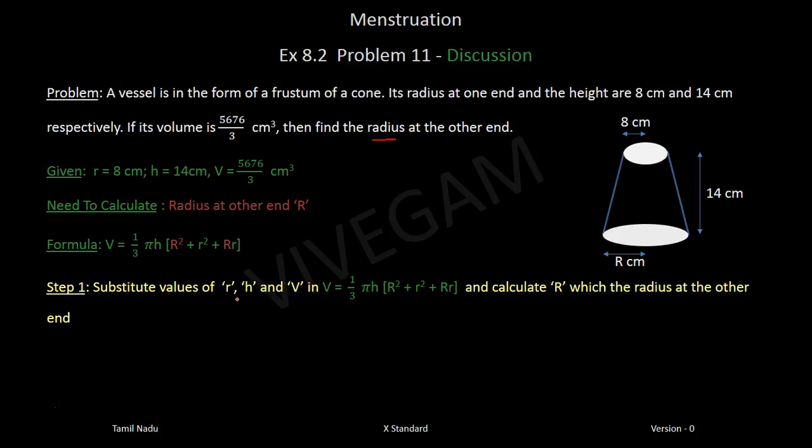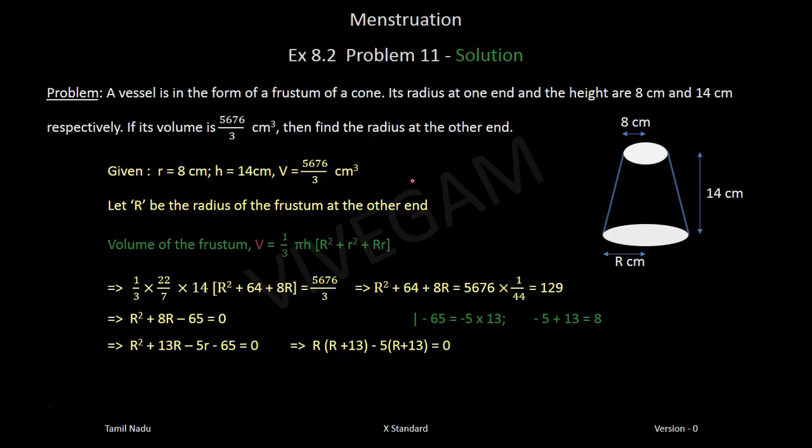Substitute the values of r equal to 8 centimeter, height equal to 14 centimeter, V equal to 5676 divided by 3 in this formula, V equal to 1/3 pi h into R square plus small r square plus Rr, and calculate R, which is the radius at the other end. I guess you can pause the video here and work this problem on your own.